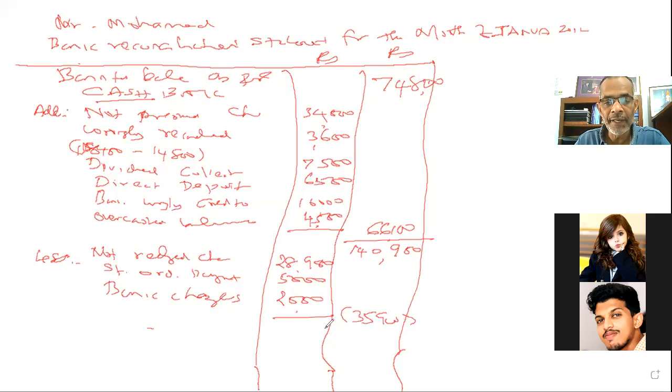35,900 would be deducted. Therefore answer will be 105,000. What is the word here we have to write down? Bank balance.